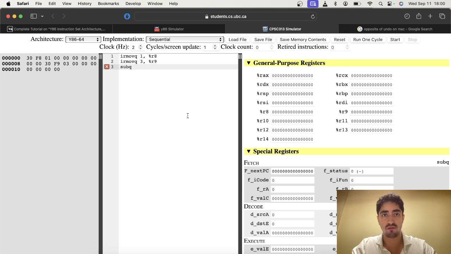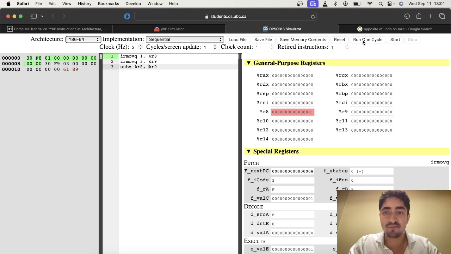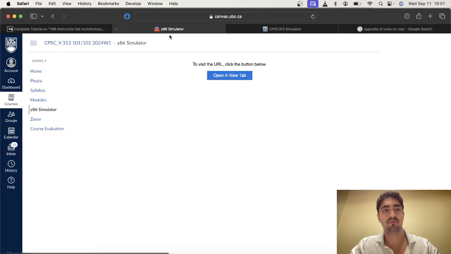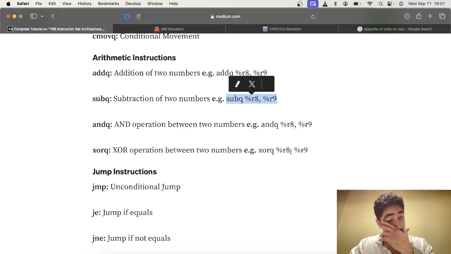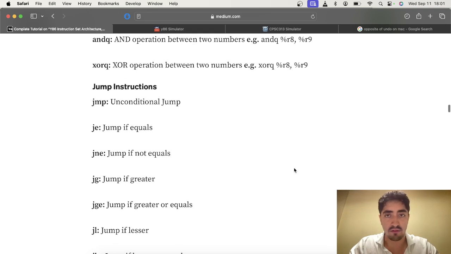Redo is Command Shift Z. Oh, you see, I had an ampersand. All right, fair enough. But yeah, it puts it in R9, so it puts it in the right-hand side. All right, same thing for AND. Same thing probably for XOR.